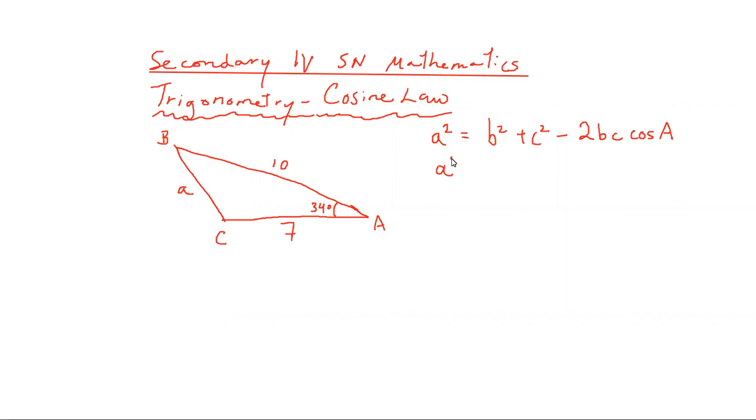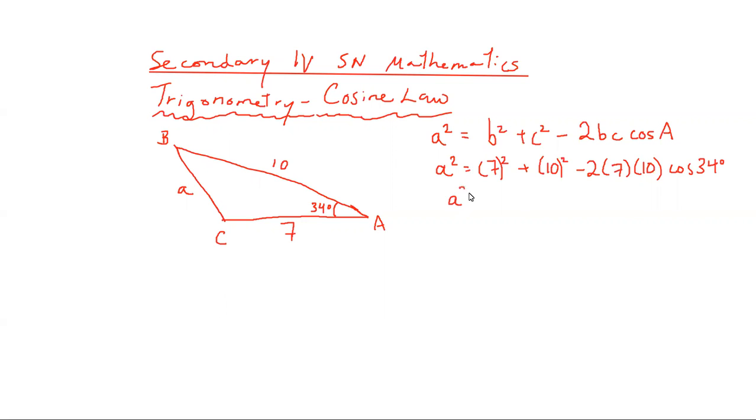So in this case, A squared is equal to B, which is 7 squared. Okay, and I always put my substitutions inside brackets, not to make a mistake with signs, even though it doesn't really come into play in this case. Here I have C, which is 10 squared, minus 2 times 7 times 10 cos of angle 34.